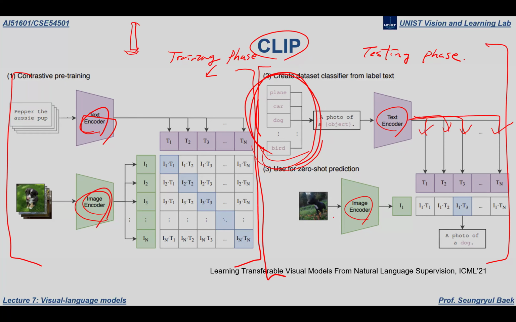Then by extracting image features using the image encoder and comparing them, we can easily find the text descriptions for the images. That's how we can do zero-shot image classification, zero-shot inference. So when using CLIP, we can easily extend our encoder towards the zero-shot classification task.